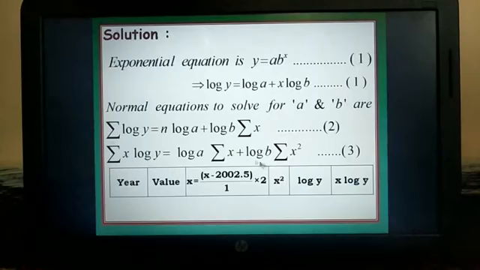Based on that, we write the required columns in tabular form. Year and values are already given to you. Look at the cursor: the years given are 2006, 7, and so on. We reduce the magnitude of those 4-digit years to a single digit to ease our calculation.